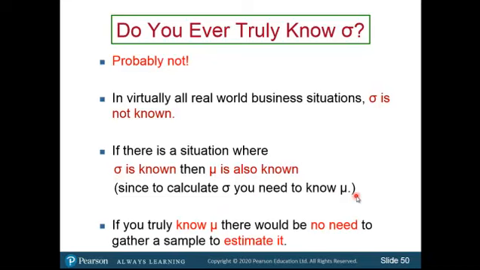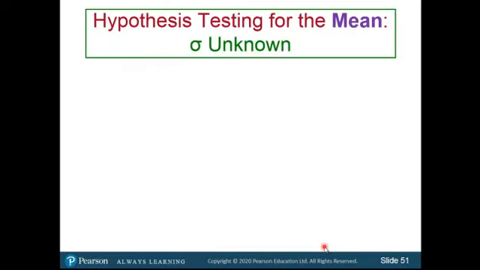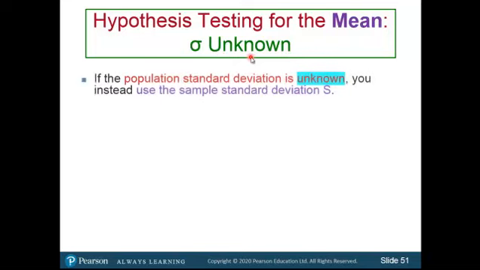If you truly know mu, the mean of the population, then there will be no need to gather a sample to estimate it. So here we have the real situation, where hypothesizing for the mean where population standard deviation is unknown.